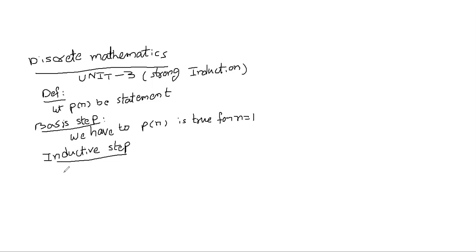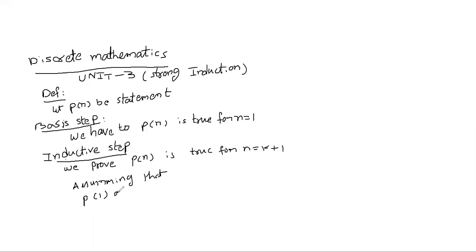We have to prove P of n is true for n equal to k plus 1, assuming that P of 1 and P of 2 up to so on, P of k is true.